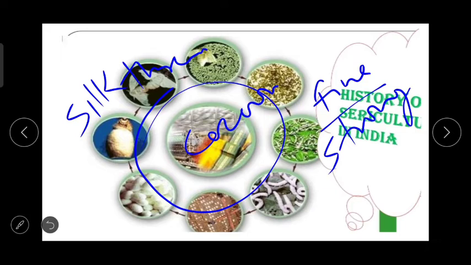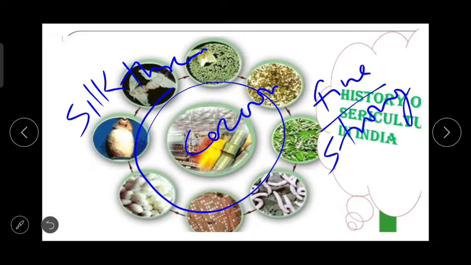For these silkworms, once planted, the mulberry trees survive for a minimum period of 15 years. एक बार लगाओ 15 साल तक चलते. So the expenditure of planting the trees every year is saved and commercially it is beneficial. क्योंकि बार बार वो खर्चा नहीं करना पड़ता है.